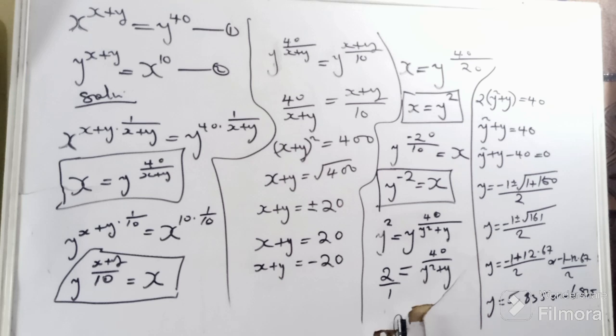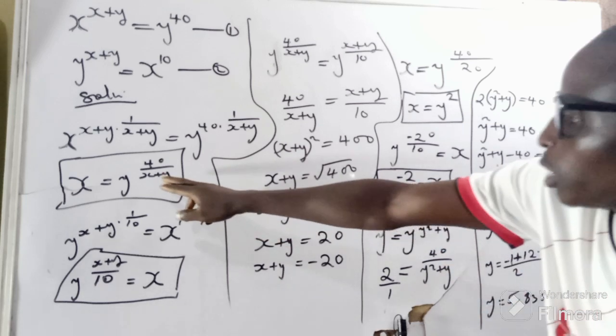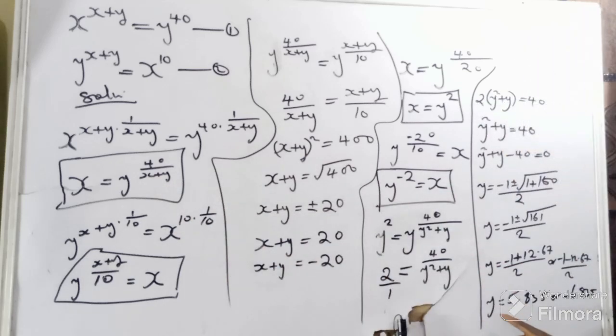So we can see that, considering the first equation, y is equal to 5.835, or y is equal to negative 6.835. So let's find the value of x.